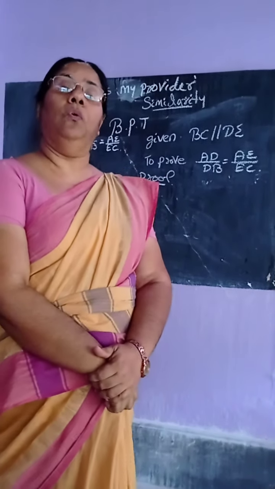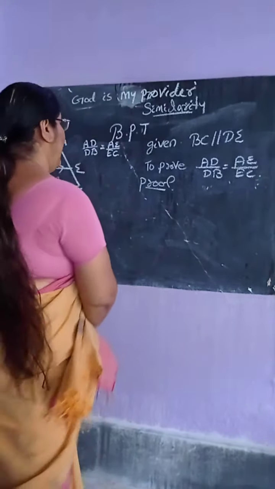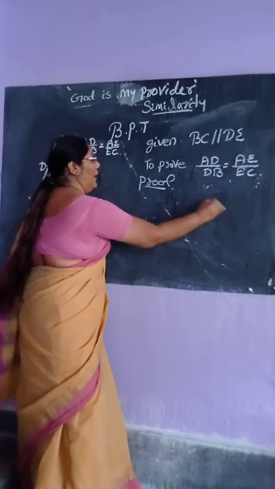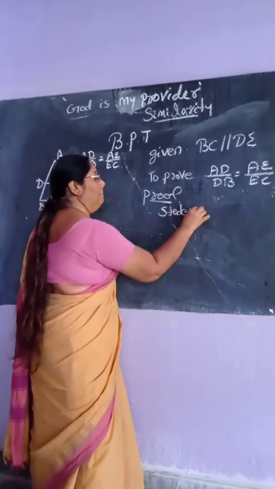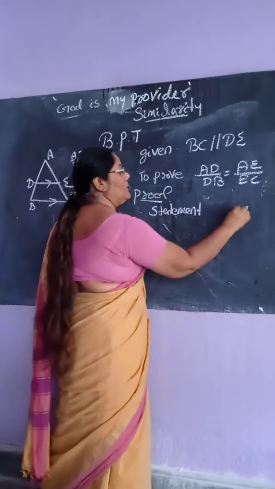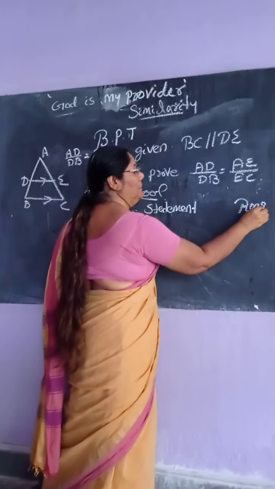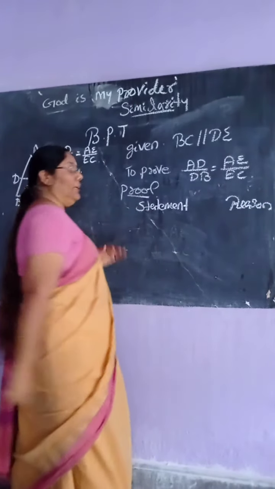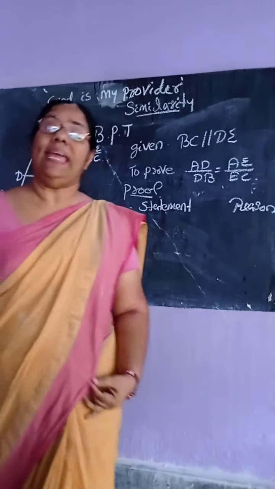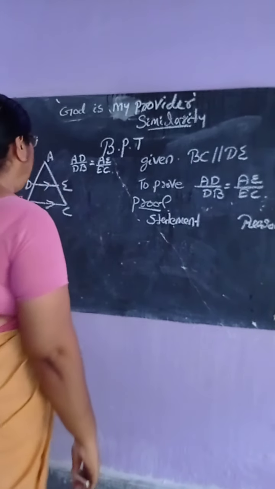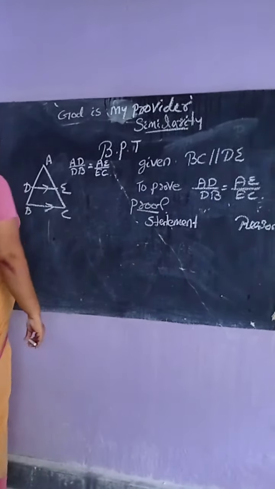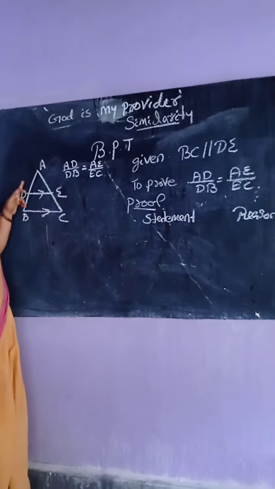For that proof, we have to write two columns. One is statement. Then the next column, reason. What are the two columns? Statement and reason. In the statement column, we take the triangle, which is the bigger triangle.